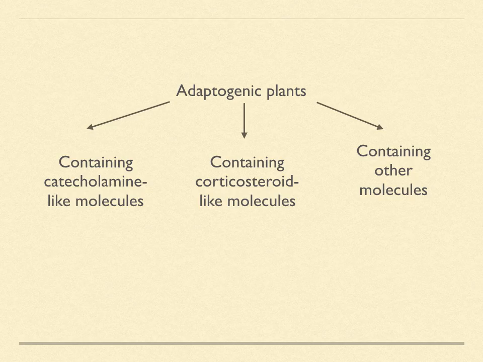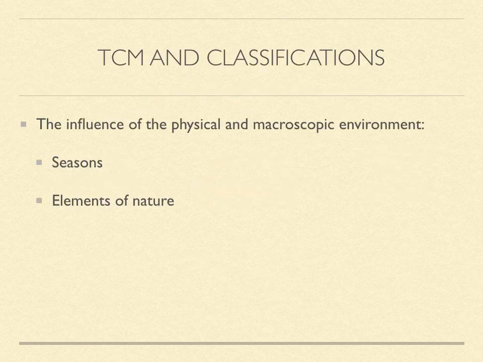As I said earlier, in TCM they had a very holistic way of thinking, but they also understood that they needed a little more, that it was almost too holistic. And so they tried to break down diagnosis into the 8 principles. They looked at qi, yang, fluids, yin. And they generally would use terminology from what they could observe and understand of the physical and macroscopic environment around them.